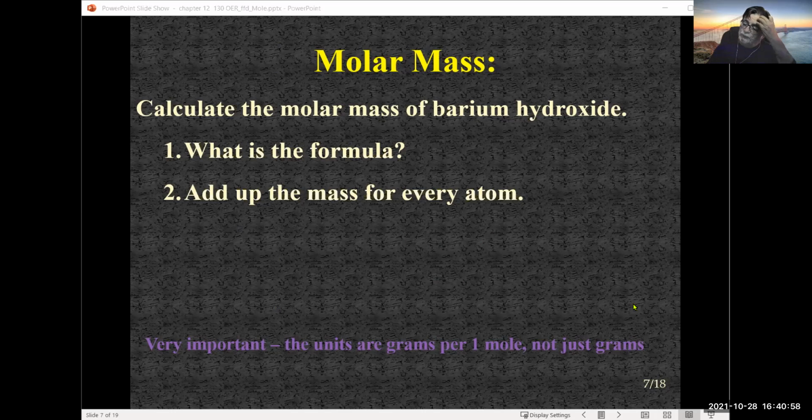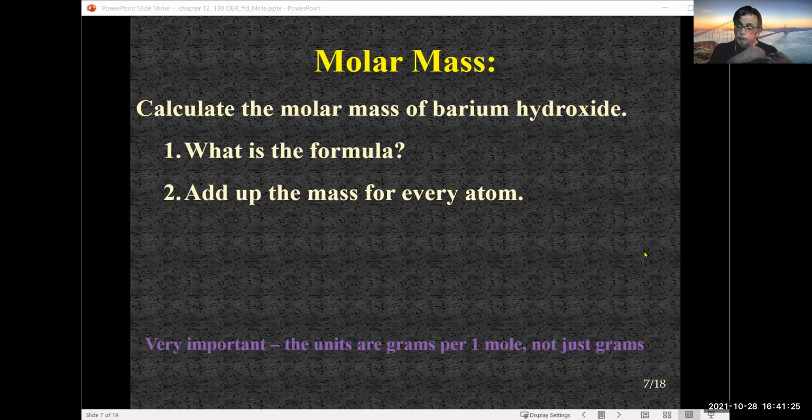Before we can start up with any type of calculations, we have to determine or calculate the molar mass, and that is nothing complicated here, really. Simply this: you have the formula, you determine how many atoms of each are in the formula. You multiply that by their respective atomic weight, you sum all that up, and that is the molar mass of the molecule, okay?